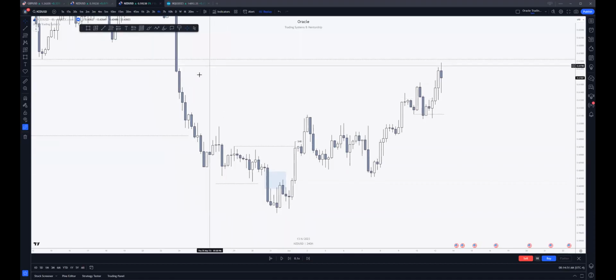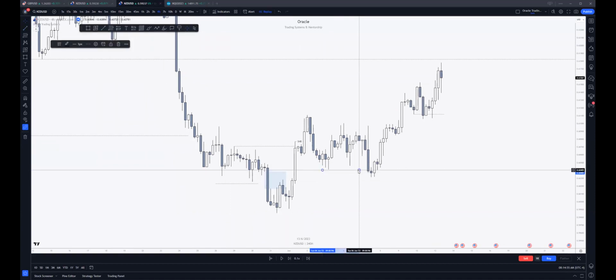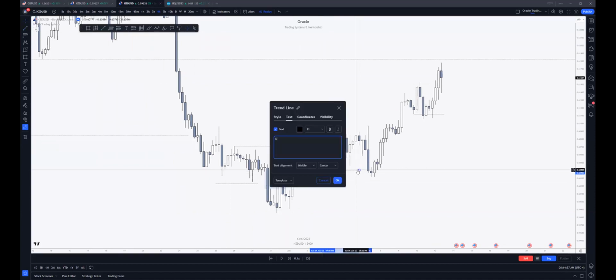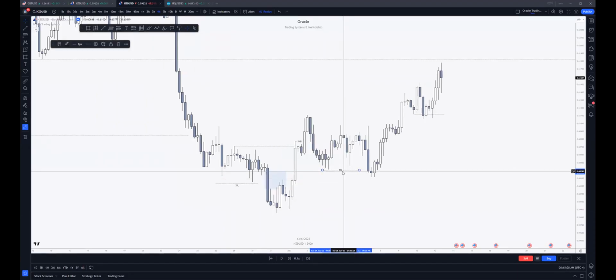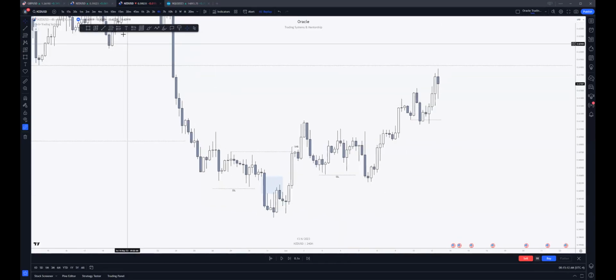Okay, so immediately, what do we see here again? Another draw on liquidity. All right, so sell side liquidity, we're taking that across the board. We are seeing highs being broken here, but I still want to take a step back.